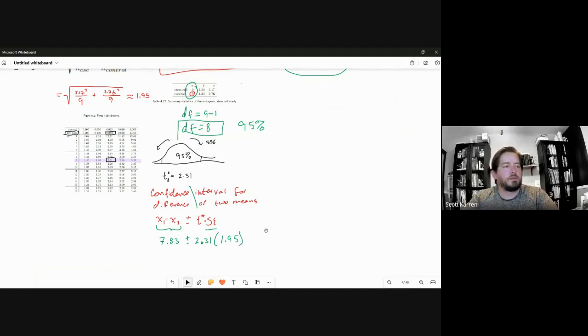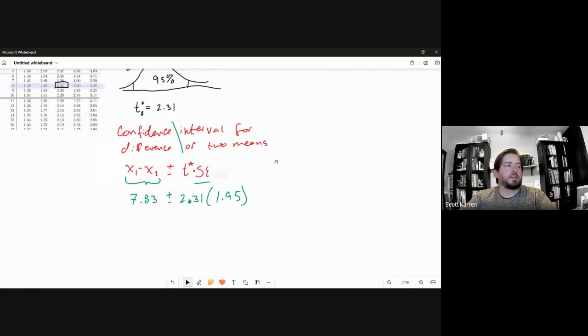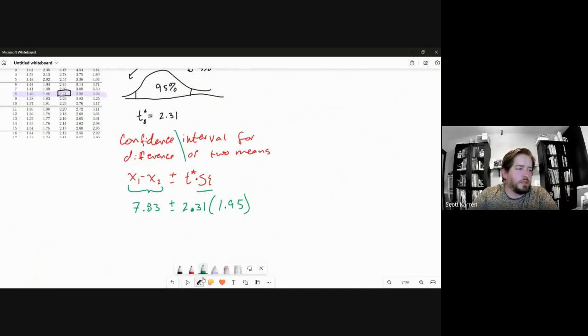So we just have to do that calculation, do the plus, that's your upper limit, do the minus, that's your lower limit. The lower limit ends up being 3.38, and the upper limit ends up being 12.38.